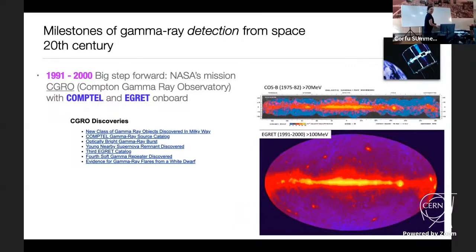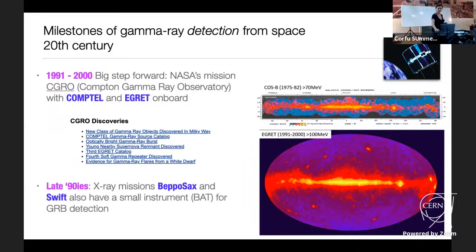Then in the 90s, NASA decided to really invest in gamma ray astronomy and sent a huge mission on a satellite with two instruments devoted to gamma ray observations, COMPTEL and EGRET. Here you have a link, you can click and see the main discoveries of this satellite, if you are curious.